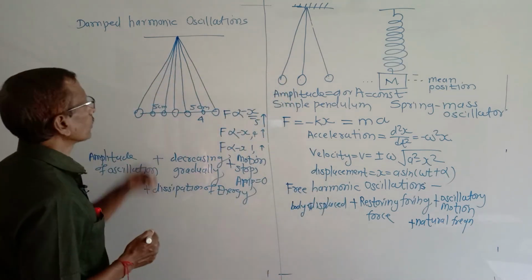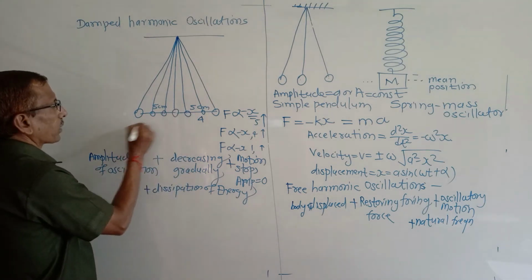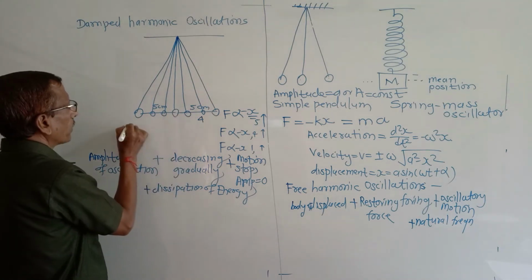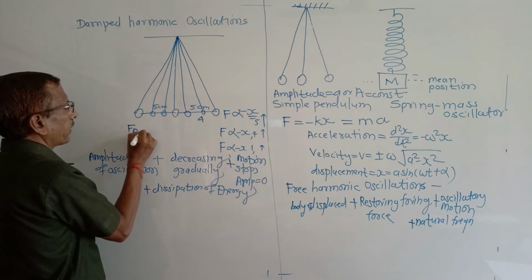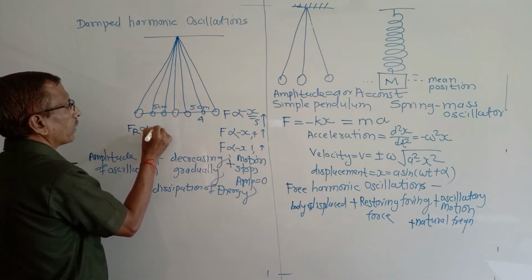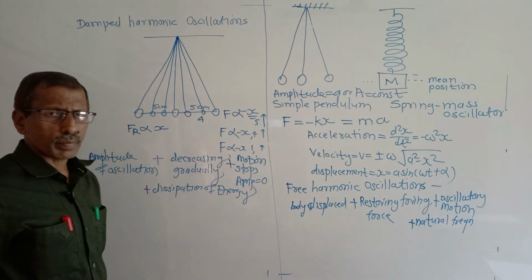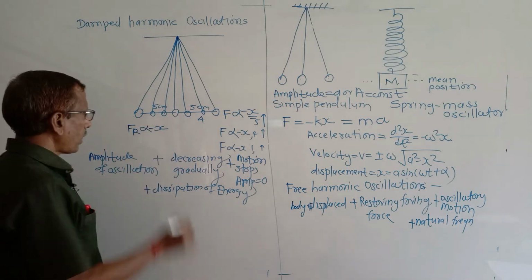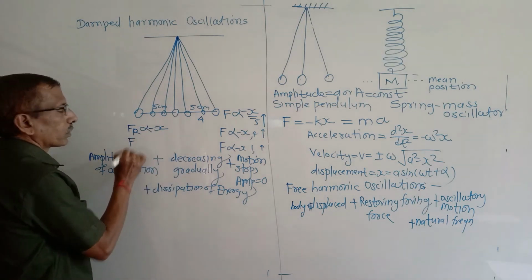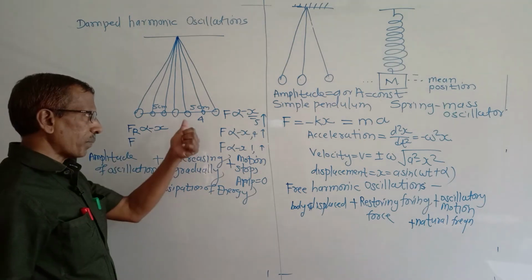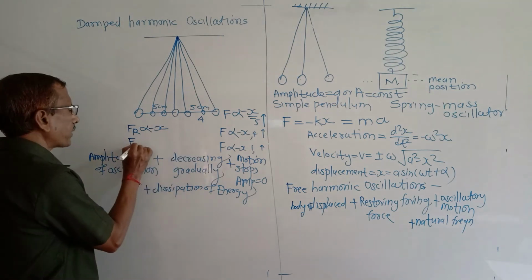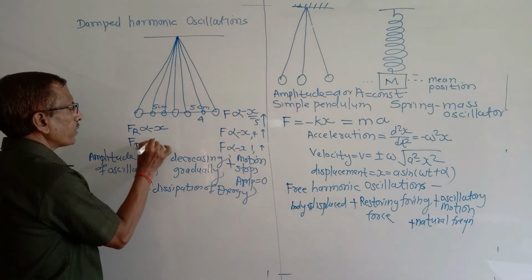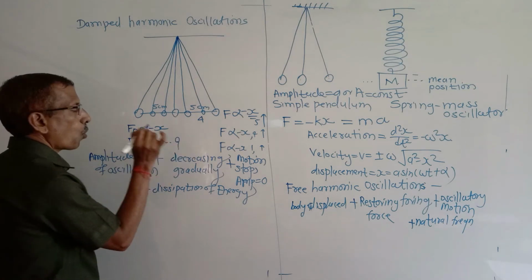Here, when we consider a body oscillating, the restoring force Fr acting on the body is directly proportional to displacement, and it is oppositely directed. Now we have to consider the force which opposes the motion, that is called a damping force. So damping force is proportional to what quantity?